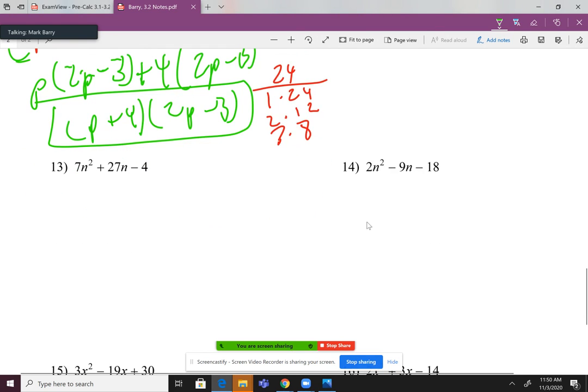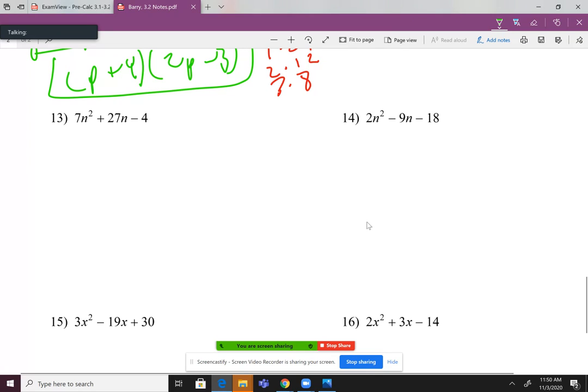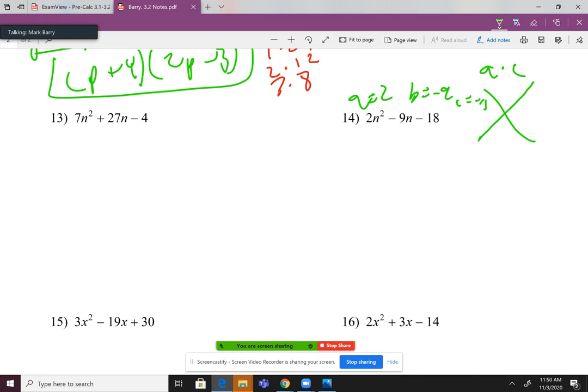All right, number 14. Actually, we'll do two more. All right, so a times c here. We have a is 2, b is negative 9, c is negative 18.